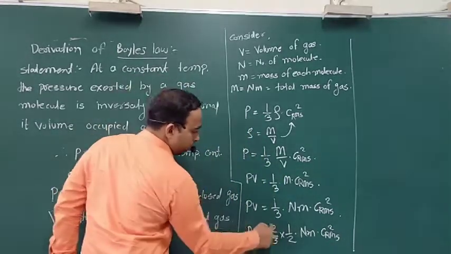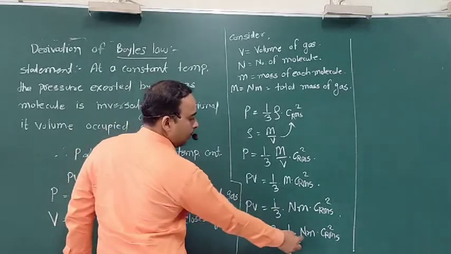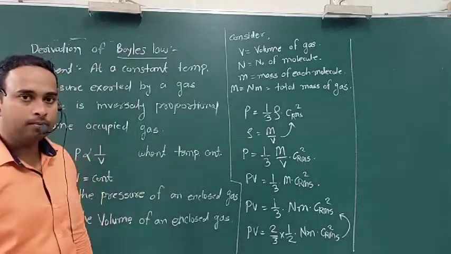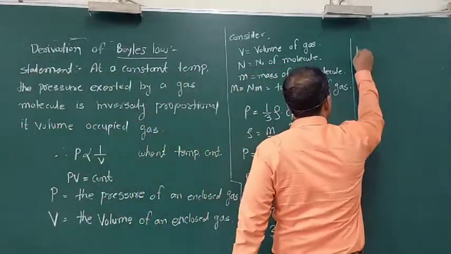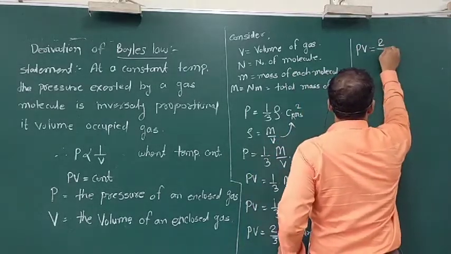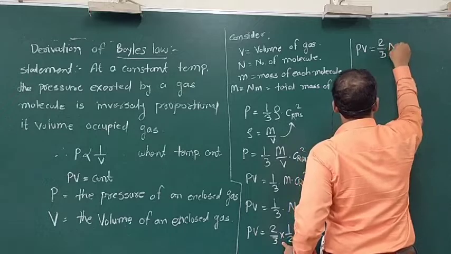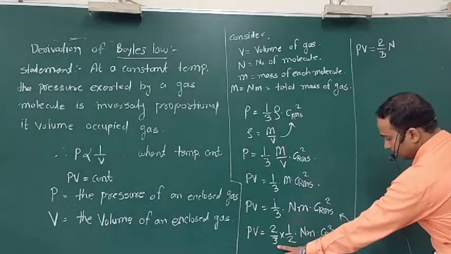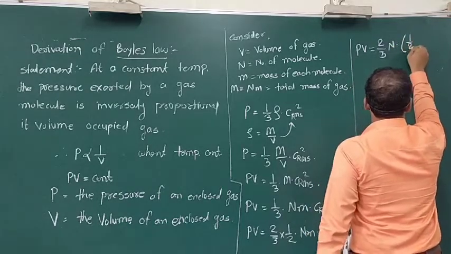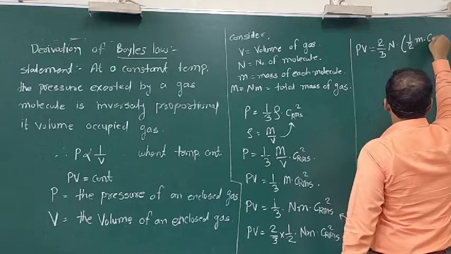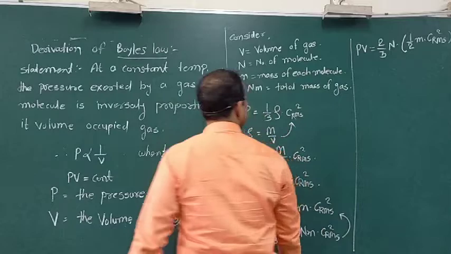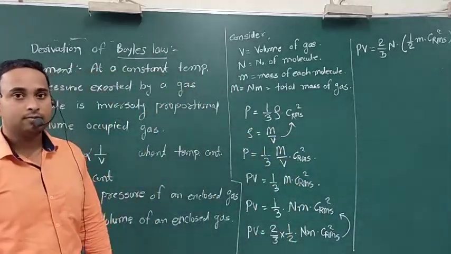So see here, 2 get cancel. So 1 by 3 into N m into C RMS square, we get this term again.